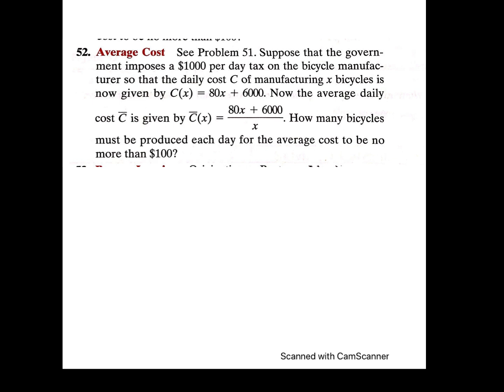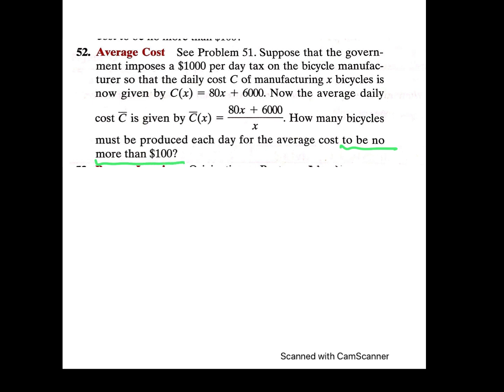Why is that? x represents the number of bicycles. So if you take the total cost divided by the number of bicycles, that gives you the average cost for each bicycle, right? So the question is, how many bicycles must be produced each day for the average cost to be no more than $100? All right? There's the inequality introduction.